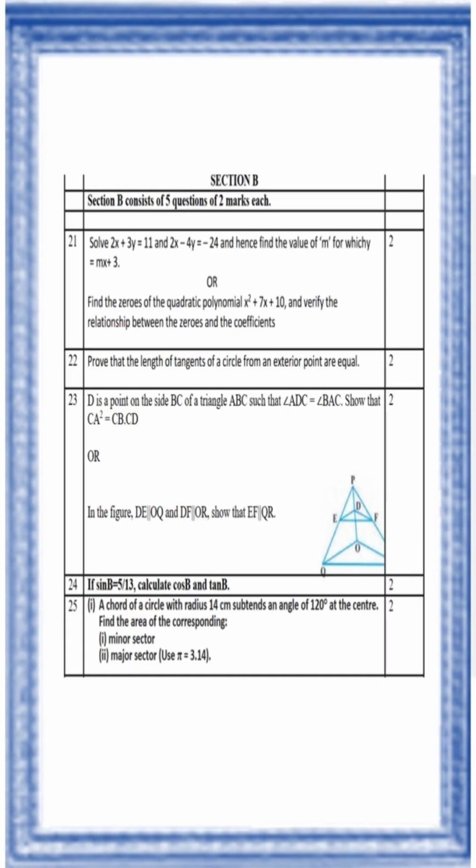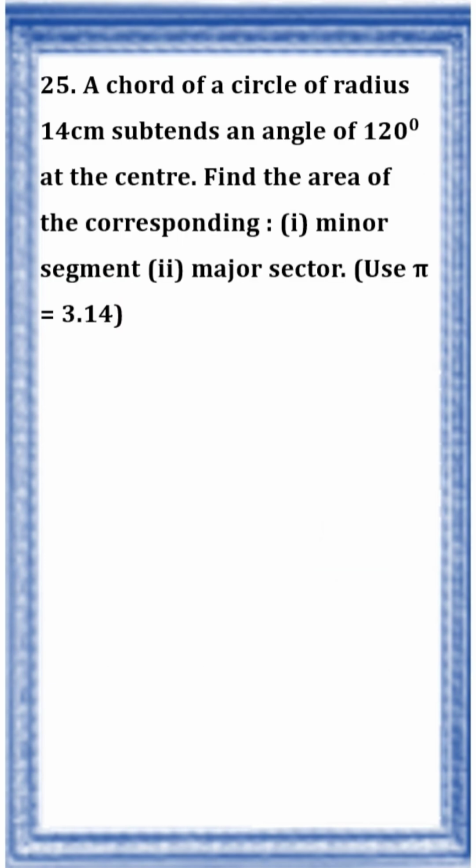Now let us solve the 25th question from section B, that is, a chord of a circle of radius 14 centimeter subtends an angle of 120 degree at the center. Find the area of the corresponding, first one, minor segment, second one, major sector. Use pi is equal to 3.14.